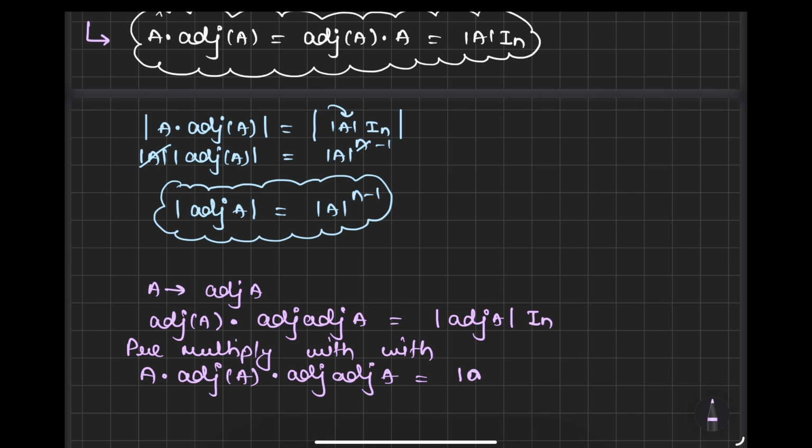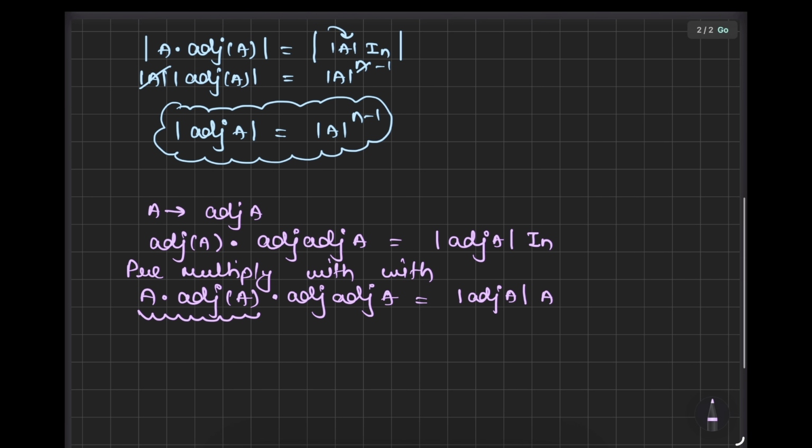Adjoint of A, and A times identity matrix will become A. Now you know that this entity will become determinant of A. Correct?